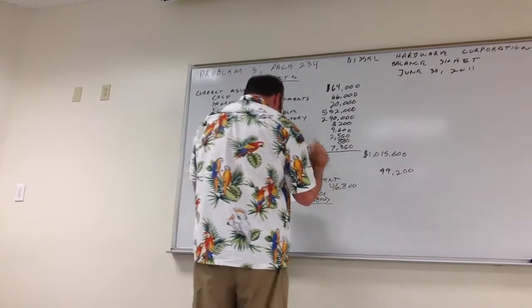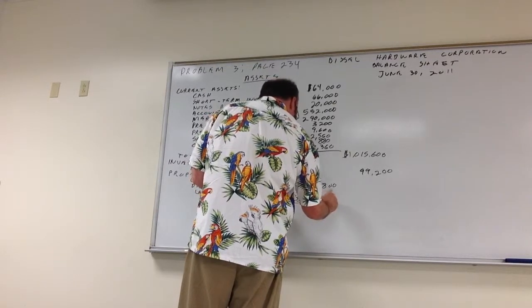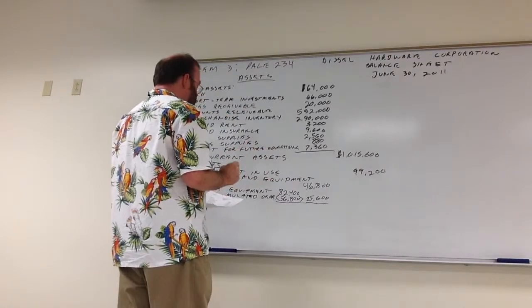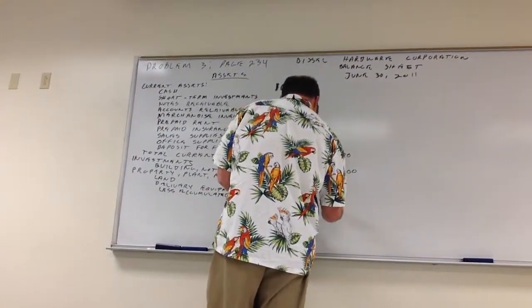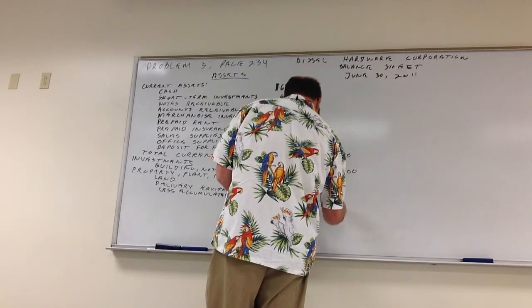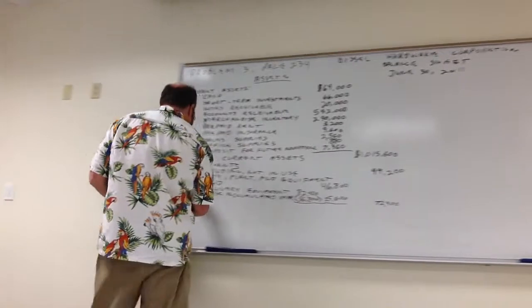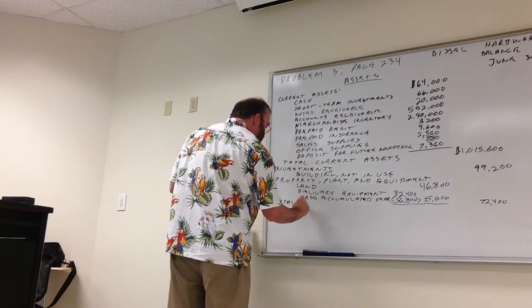Subtract that, and we get a net book value of $25,600. Add that to the land cost, and we get total property, plant, and equipment of $72,400.